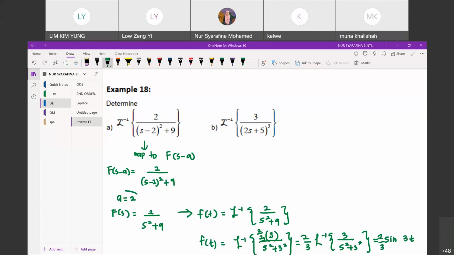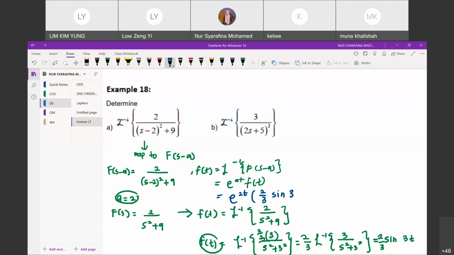So now you have your a, you have your Ft, and you know that when this is F(s minus a), in order to get ft, it is the inverse transform of F(s minus a), which equals e to the power of at times Ft, and you know your a is 2 and your Ft is 2 over 3 sine 3t.